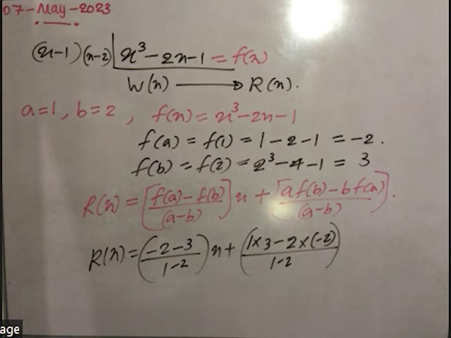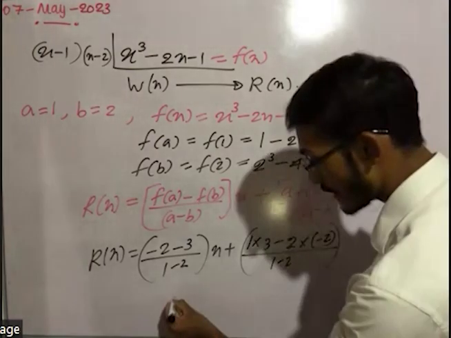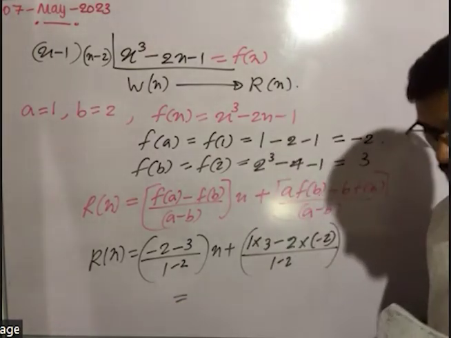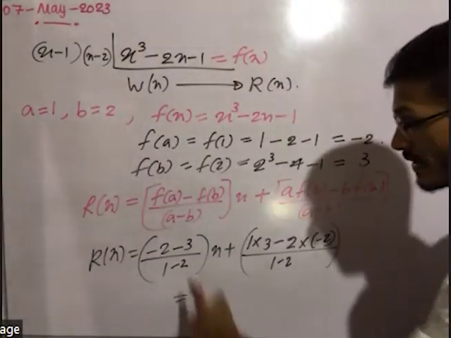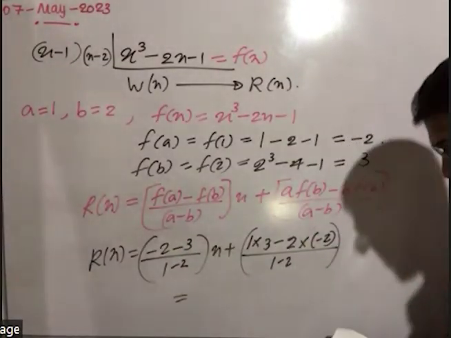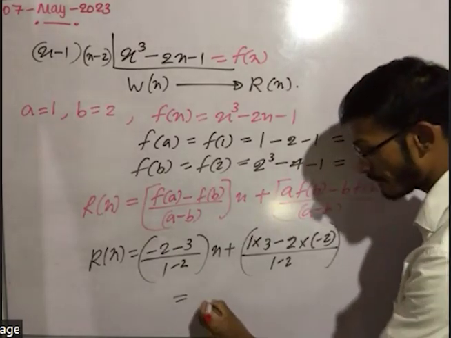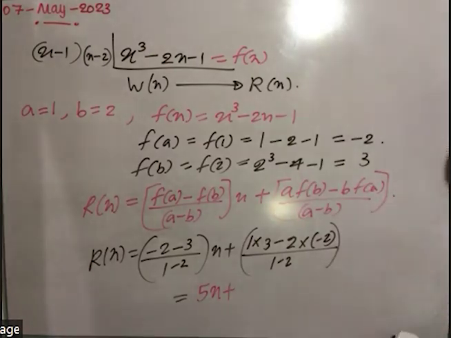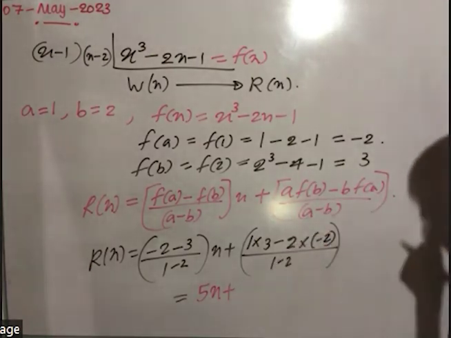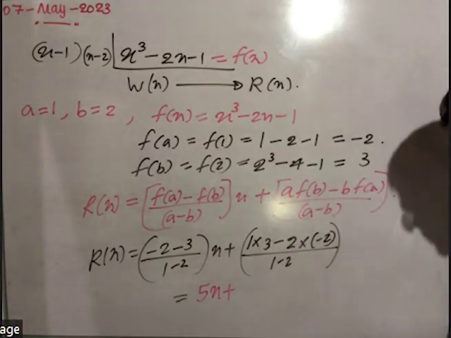Right? Now write down the final answer. Here minus 2 minus 3 is minus 5, over minus 1, so 5x plus, if you simplify this one, 3 plus 4 over minus 1, that is equal to minus 7.